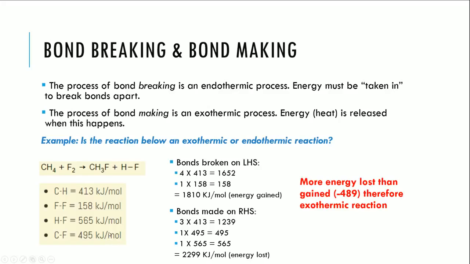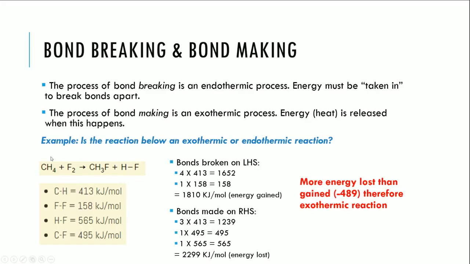And we've also made 1 hydrogen to fluorine bond as well, which has an energy level of 565. So ultimately, if you add all those together, on the right hand side, we've basically got 2299 kilojoules of energy that's been lost because the process of making bonds, which is on the right hand side, is an exothermic process.